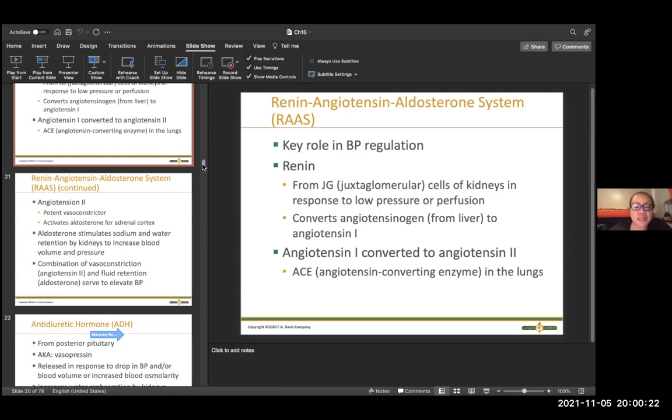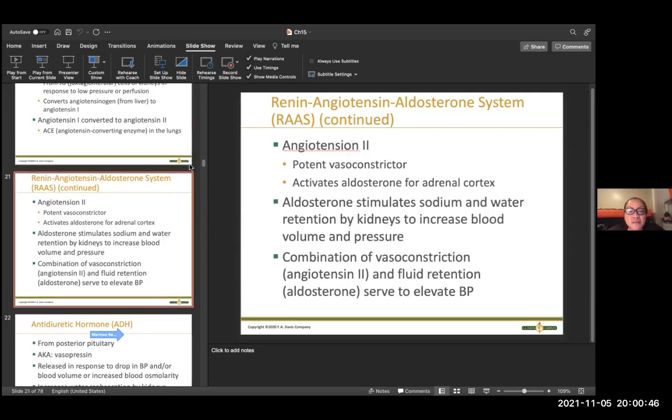To increase the blood pressure because you have low blood pressure. But if a patient has hypertension, do you need this? No, you need beta blockers, calcium channel blockers.